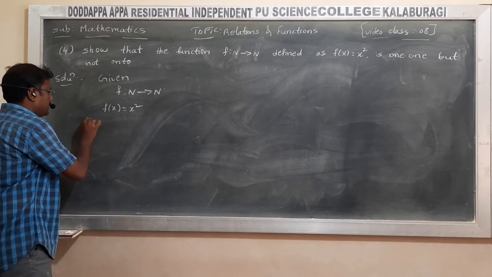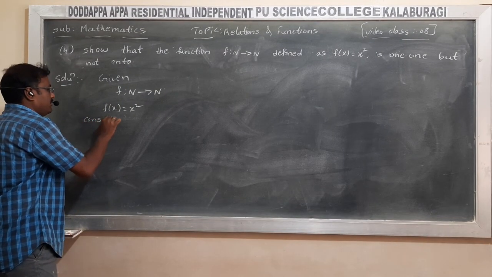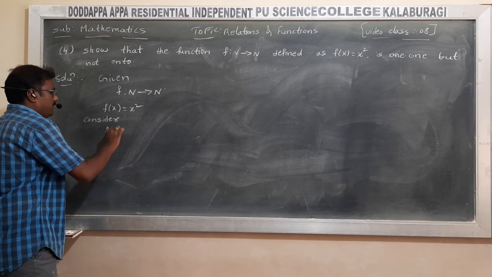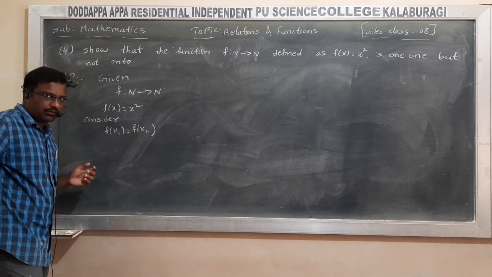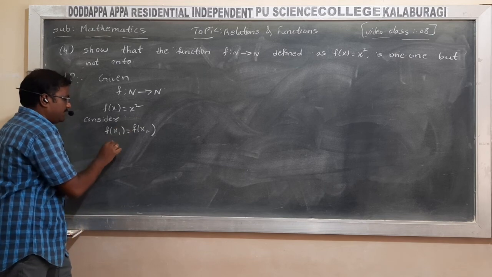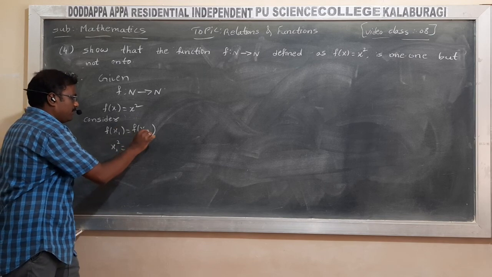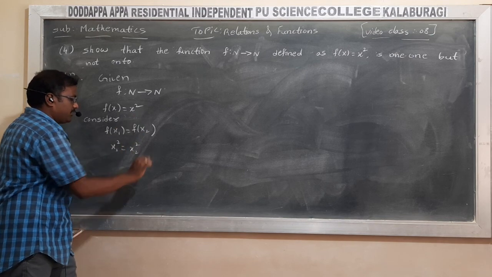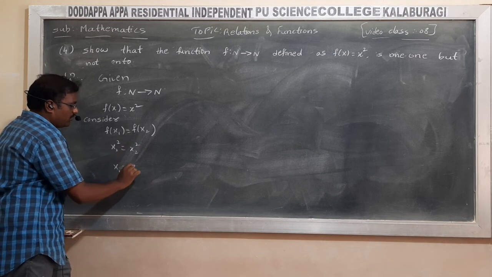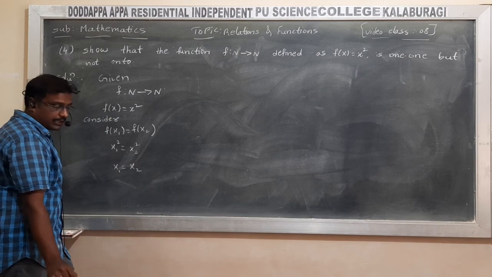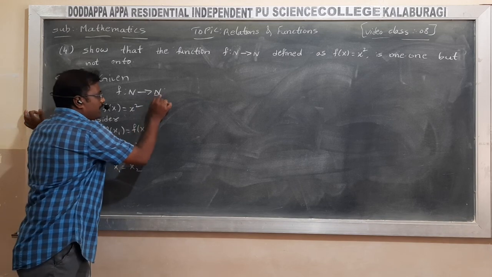First you have to consider f of x1 is equal to f of x2. Okay, so f of x1 is x1 square, f of x2 is x2 square. So here when you remove the square, x1 is equal to x2 only, because here natural numbers are given.